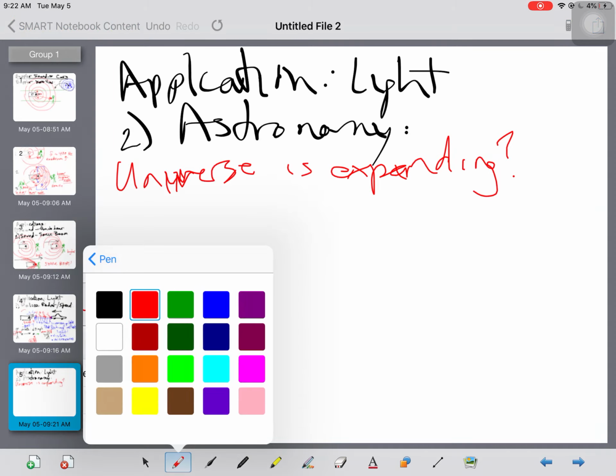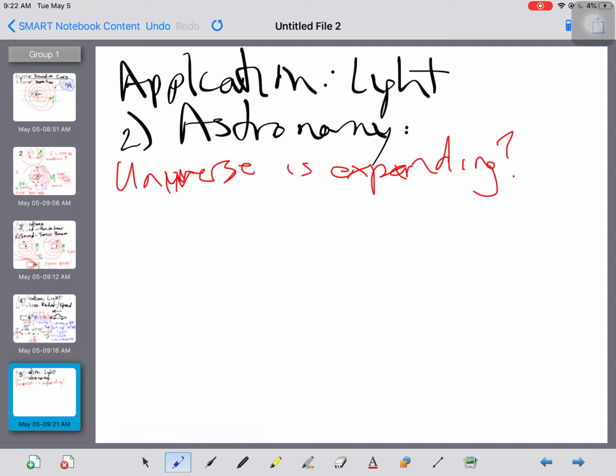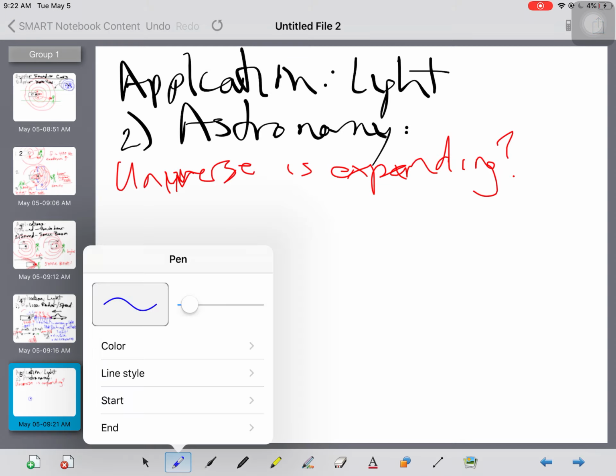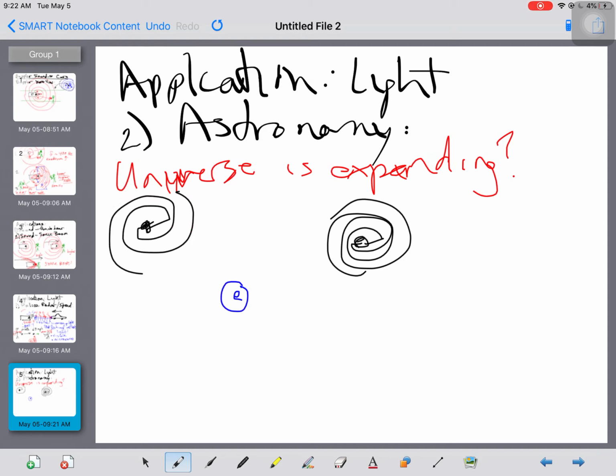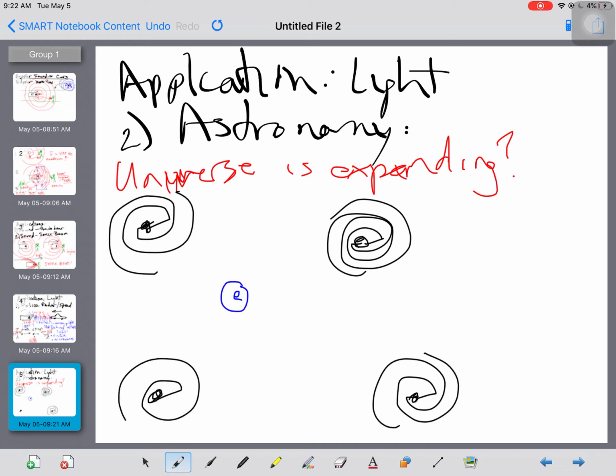Well, basically, here's Earth, and here are some other galaxies somewhat far away, not too far. If you ever take an astronomy class, they'll have you draw galaxies like this. These are spiral galaxies. Not all galaxies are spiral galaxies, but all right.